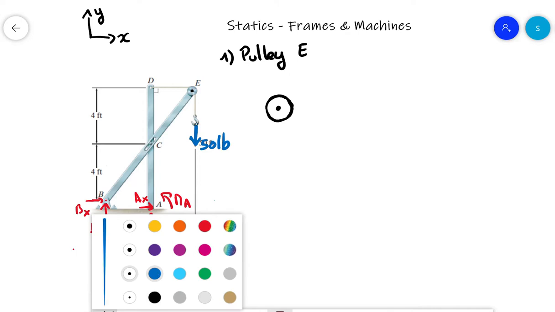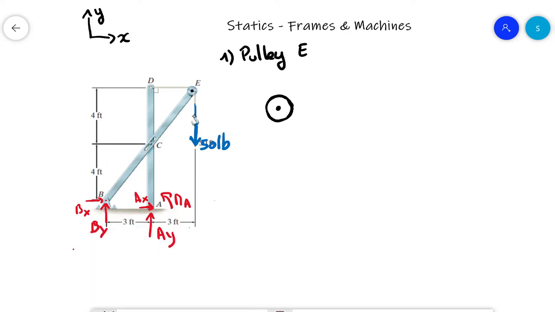The tension in the rope is the same as the weight, so it's 50, and the horizontal tension in the rope is also 50, because it's a smooth, frictionless pulley. There's no loss of force between each side of the pulley.